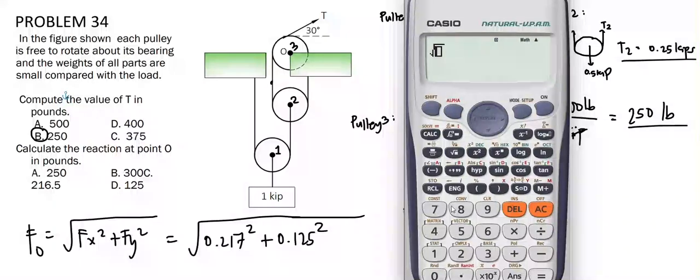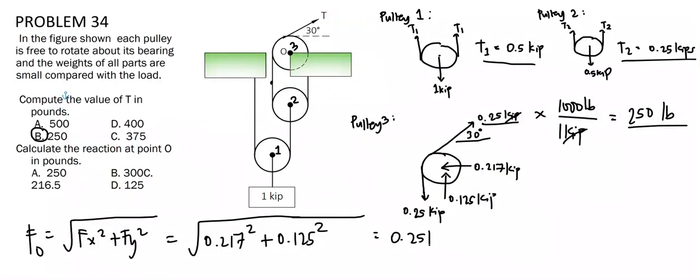Solving, we get the square root of 0.217 squared plus 0.125 squared, that is equal to 0.25 kip. And multiplying by our conversion factor of 1000 pound per 1 kip, we get 250 pounds. And that is the reaction at point O, which is letter A.